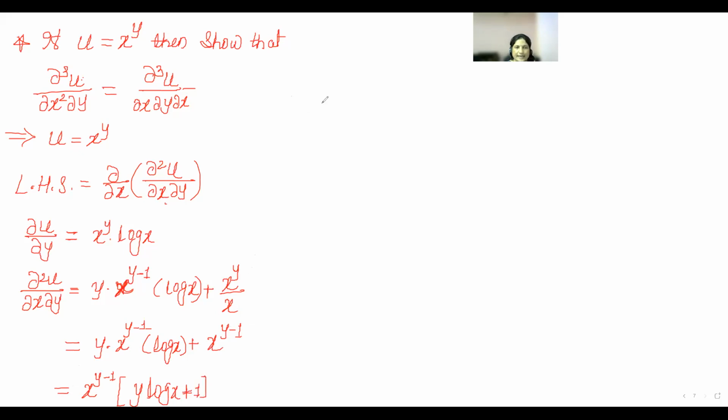Next, the derivative of this function with respect to x again.